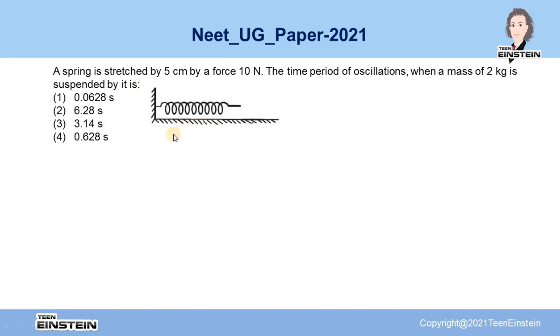First let us think that there is a spring which has a length x at its equilibrium or normal condition.